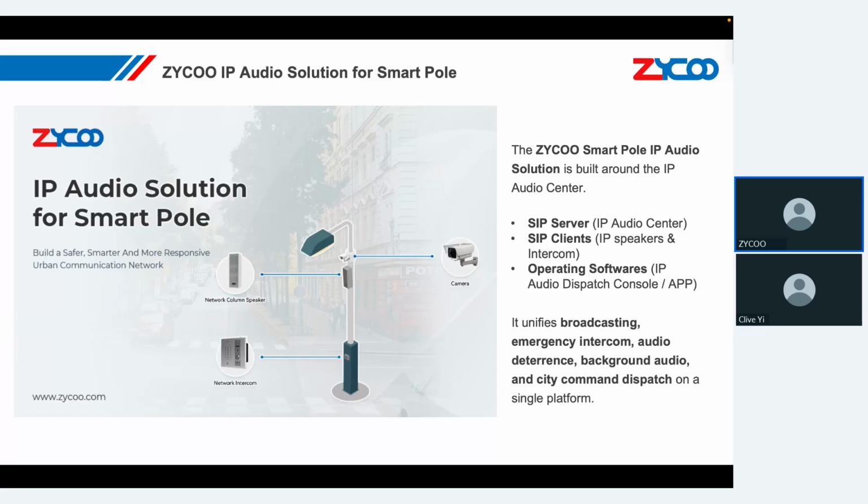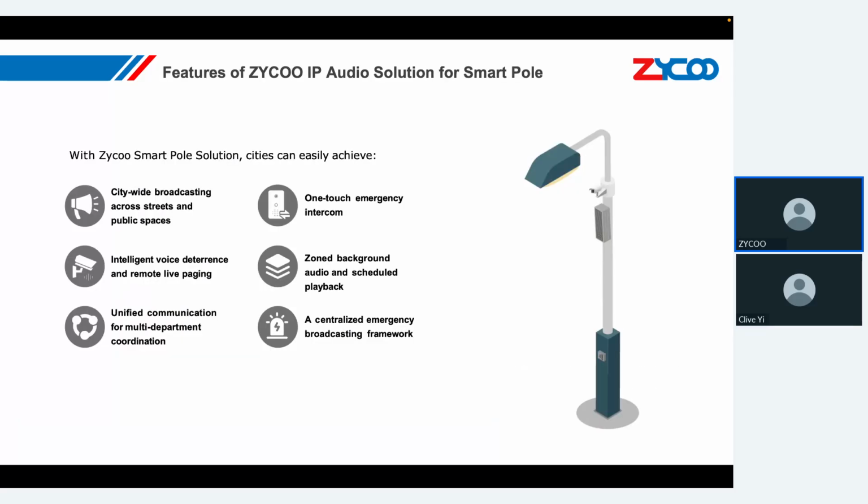So you can use it to manage all the devices, like adjust the volume and preset audio prompts. So here's a summary of the functions that we can provide for the smart pole.